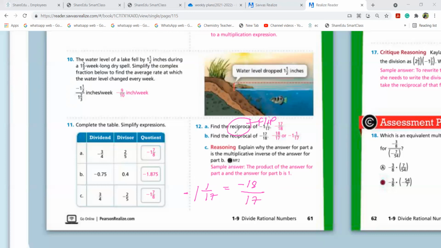But what did they ask you in the question? Find the reciprocal. Reciprocal means I flip it. What is the answer? Minus 17 over 18. Got it? This is the A. Did you understand, everyone? Same way you will do B.